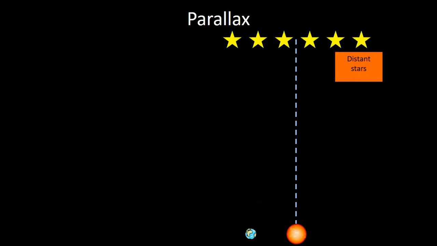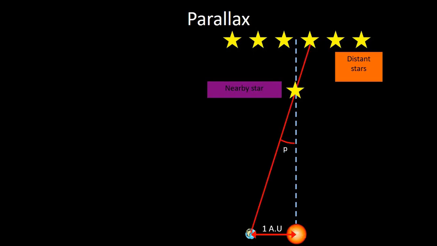And we can because the Earth orbits the Sun. So, over the course of half a year, the Earth shifts from one side of the Sun to the other side. It rotates through 180 degrees. And that is the perspective shift that gives us our stellar parallax angle.